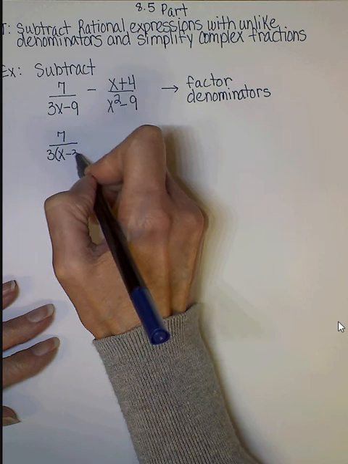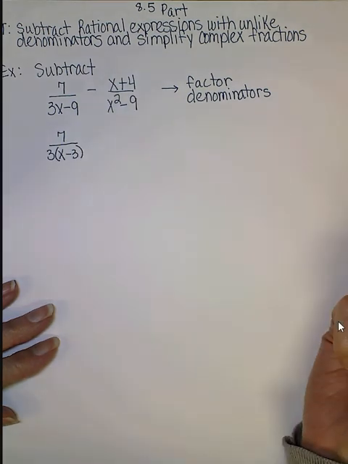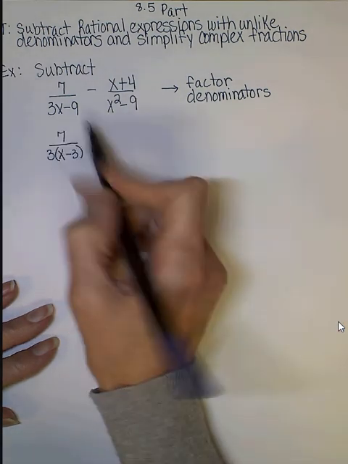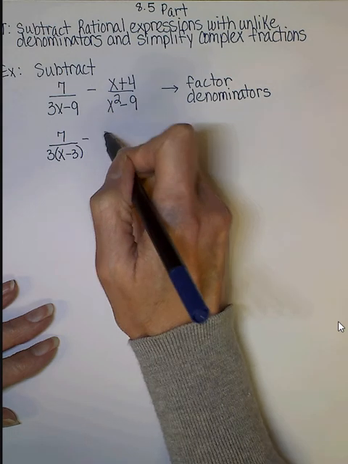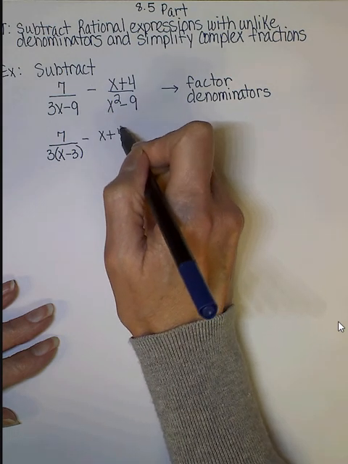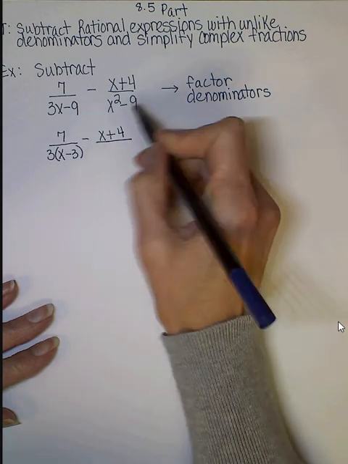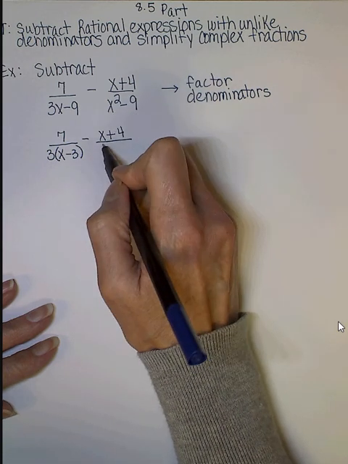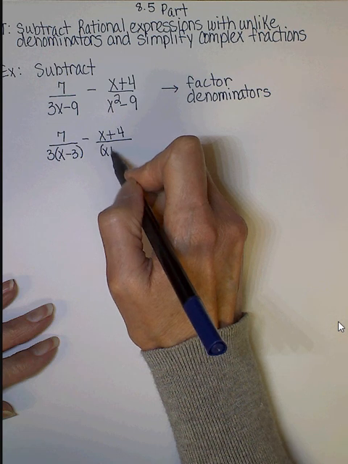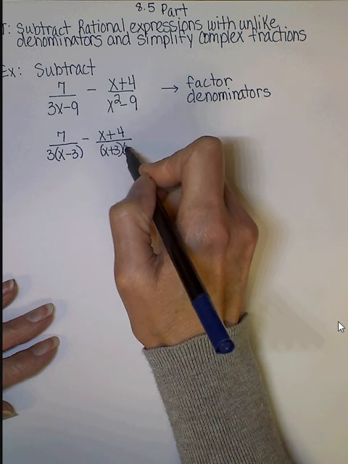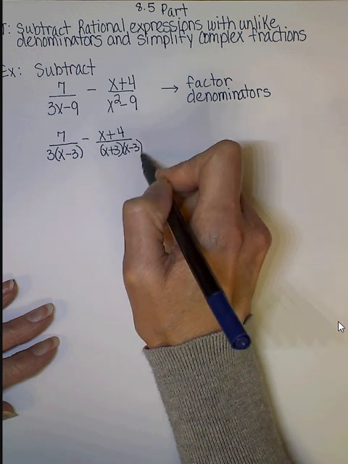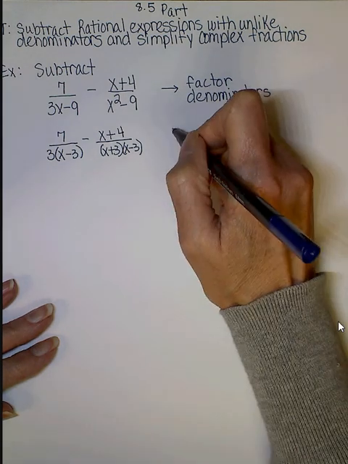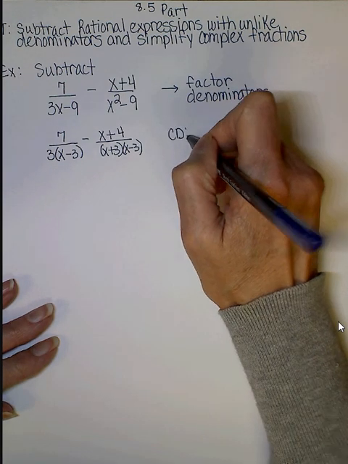And that would give me 3 times x minus 3. Remember, distributive property backwards. Okay, now here we've got the difference of two perfect squares, so we can factor it with our a plus b and our a minus b. Okay, so now let's decide what our common denominator would be.